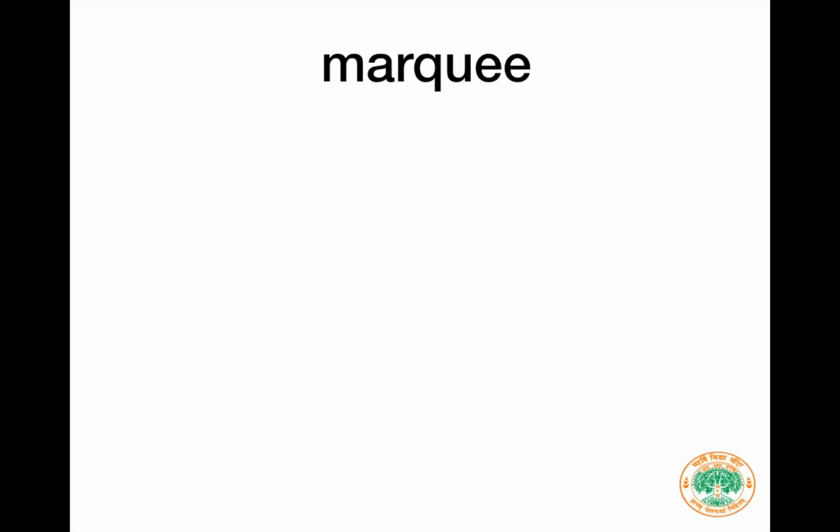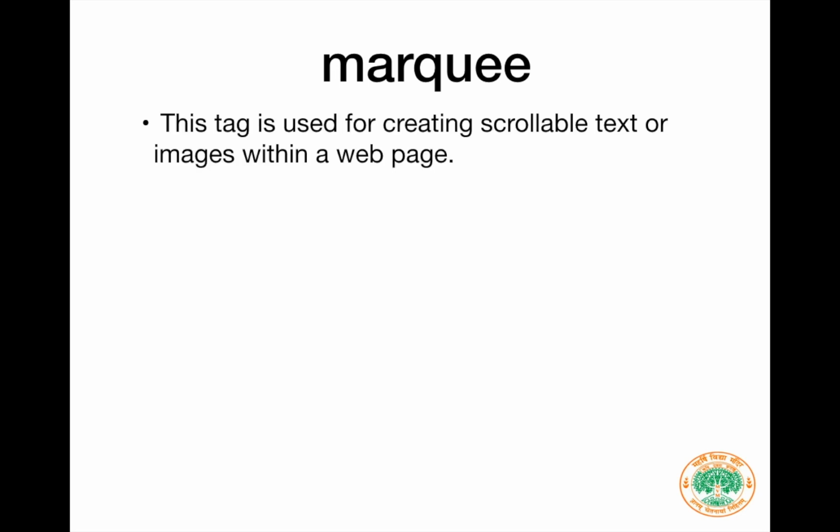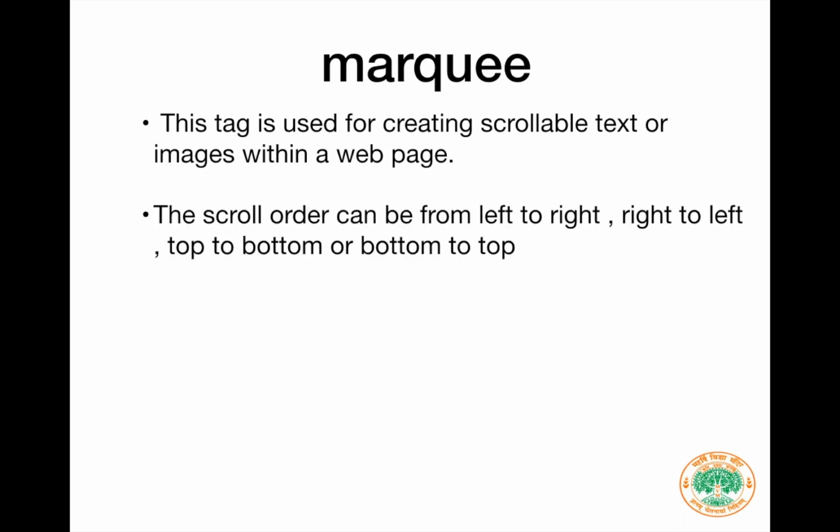So this tag is used for creating scrollable text or images within a web page. So the scroll order can be from left to right, from right to left, from top to bottom, or from bottom to top. It is a container tag, means it will have both an opening and a closing tag.